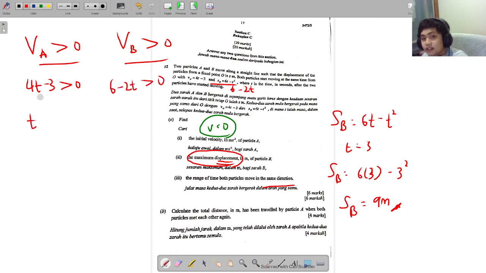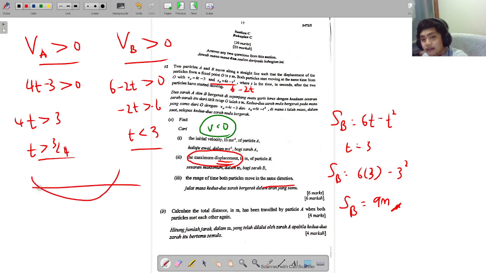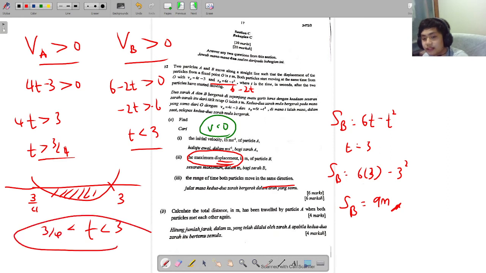We solve for t, where 4t is greater than 3, so t is greater than 3 over 4, and negative 2t is greater than negative 6, so t is less than 3. We can combine the inequalities like this, where 3 over 4 and 3 bound the range. So our range is between 3 over 4 and 3. This is the range of time that we need, right?